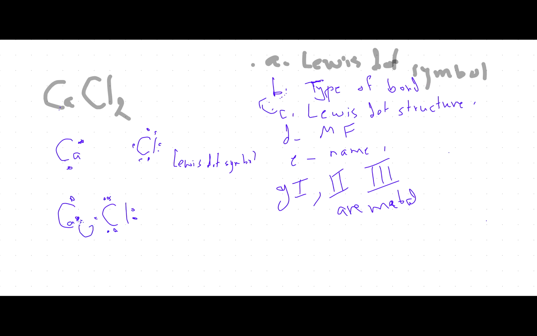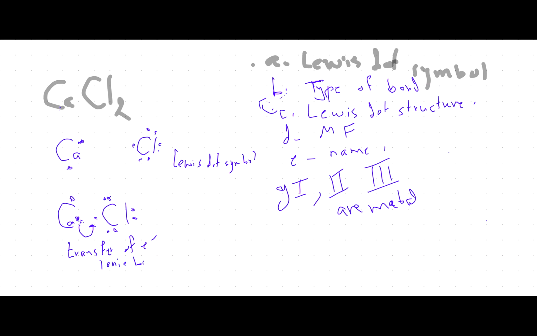This is the transfer of electrons. If the transfer of electrons happened, this means ionic bond. Then I will represent it by the Lewis dot structure.